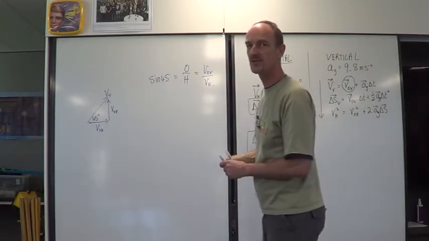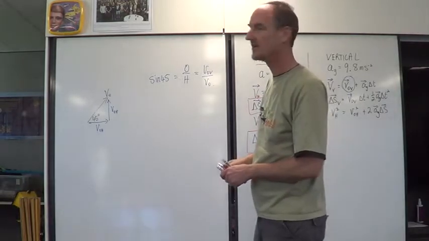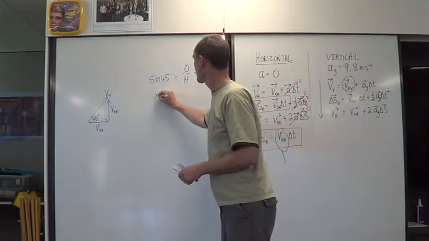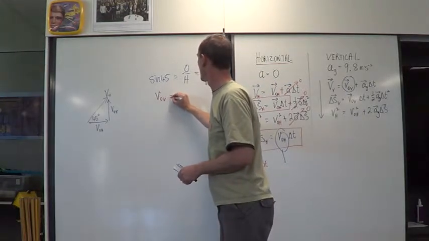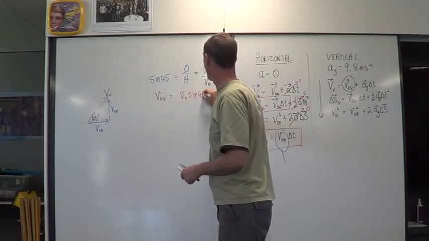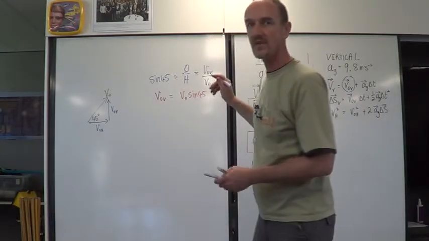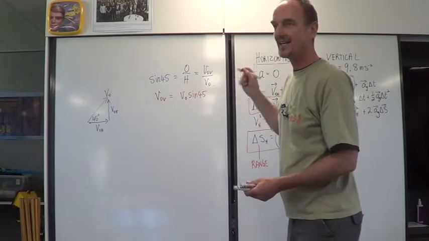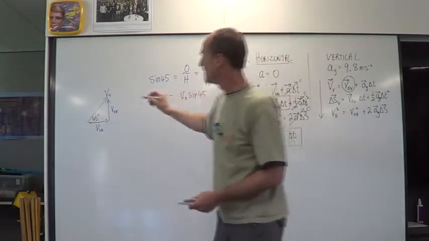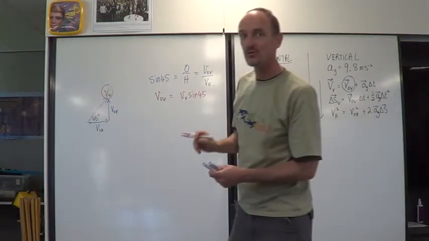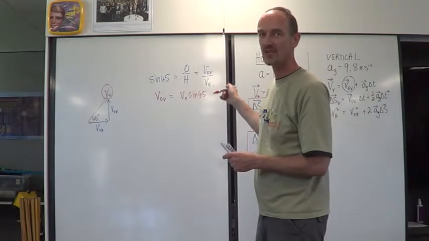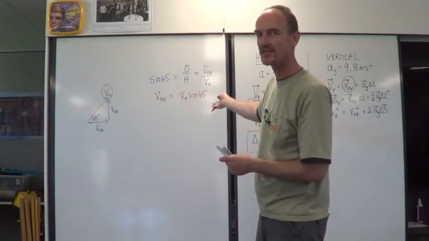Right, which is v0V over v0. So we can rearrange that. And we can see that the initial vertical velocity is going to be the actual launch velocity multiplied by the sine of its launch angle, which in this case is 45 degrees.